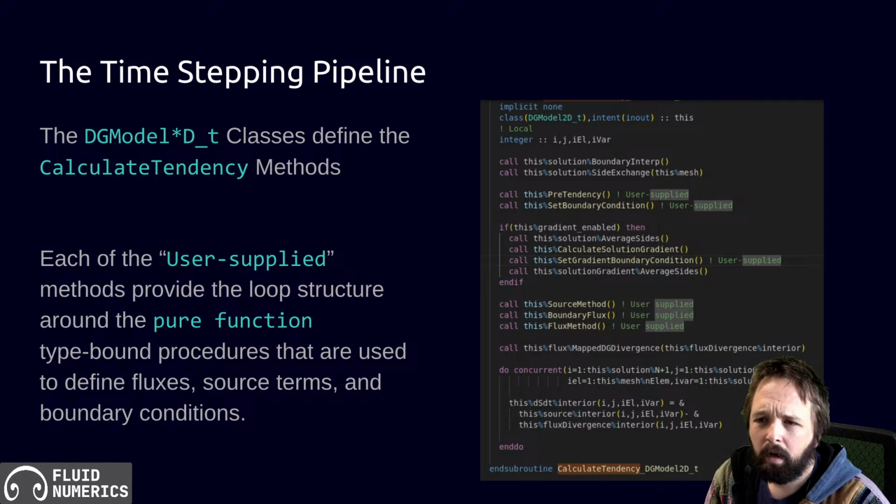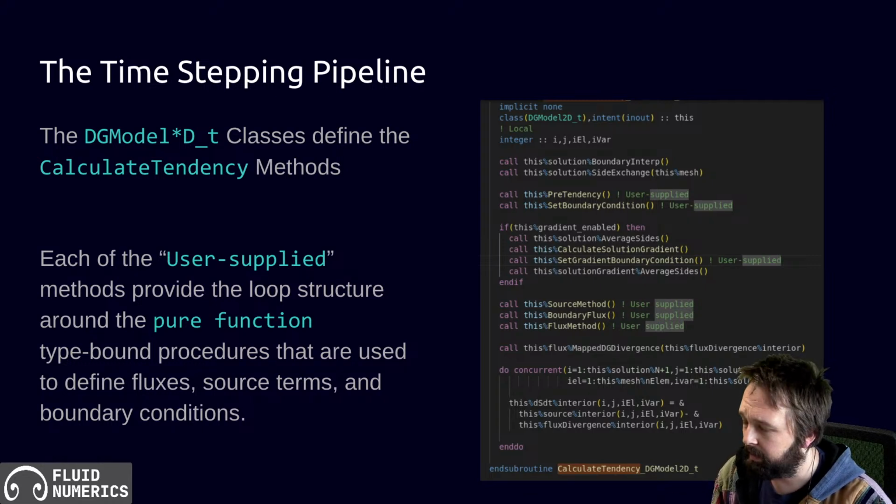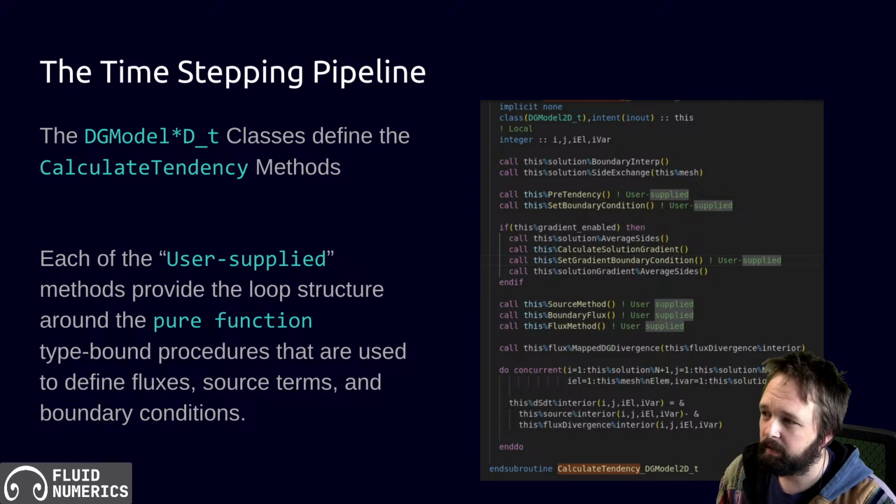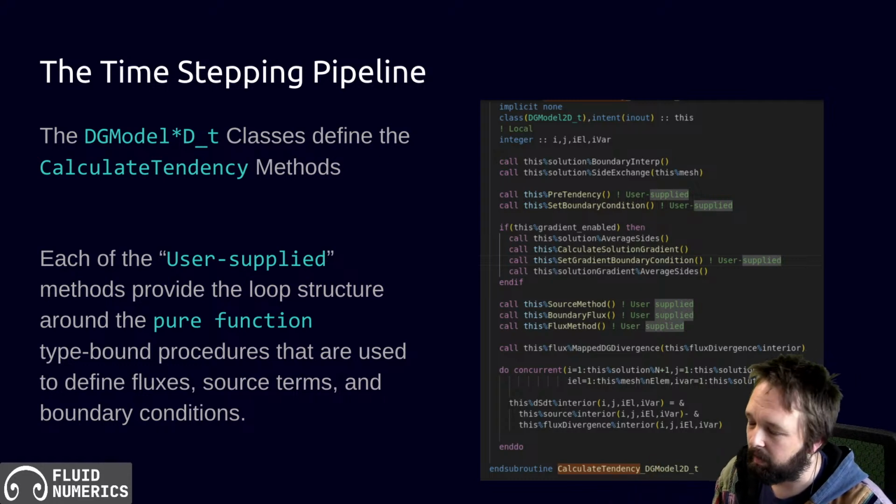Each of those classes are type extensions of SELF model, and they start to concretize things, but they only go so far, basically to get you to a point where you can just define pure Fortran functions to concretize your model.